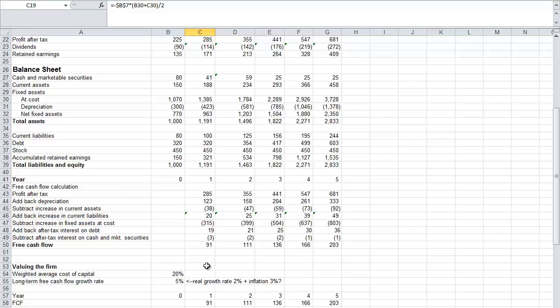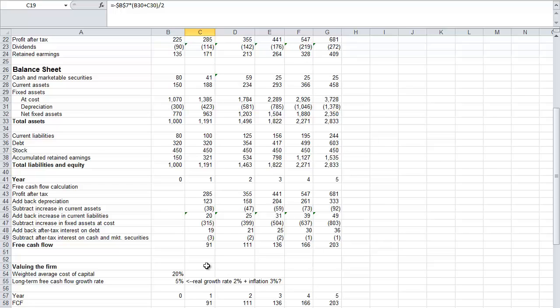So bring down the profit after tax that we had before in our income statement, and then add back in the depreciation, and you need to add back in the interest on debt and on cash and marketable securities, but they need to be on an after-tax basis.